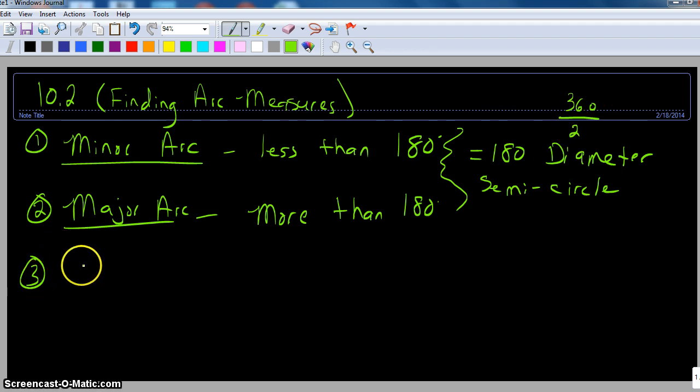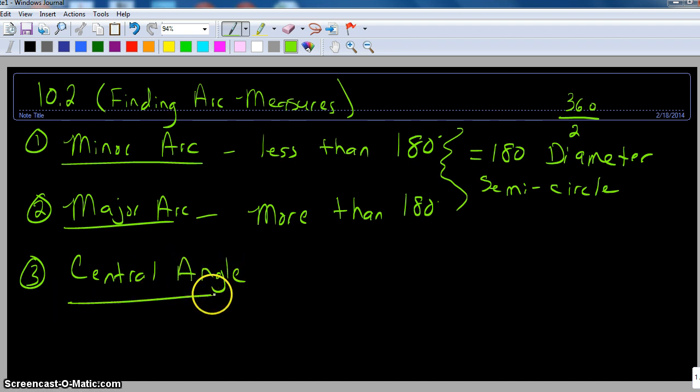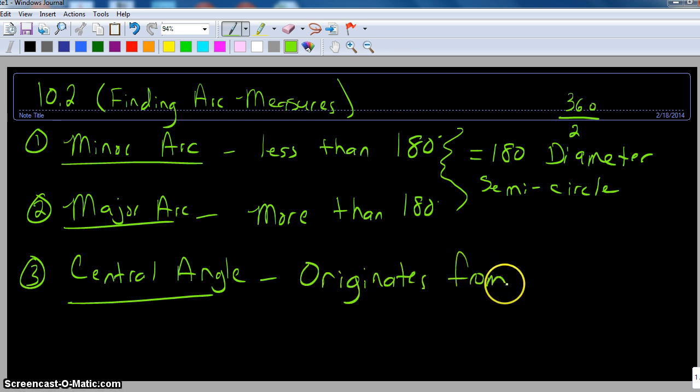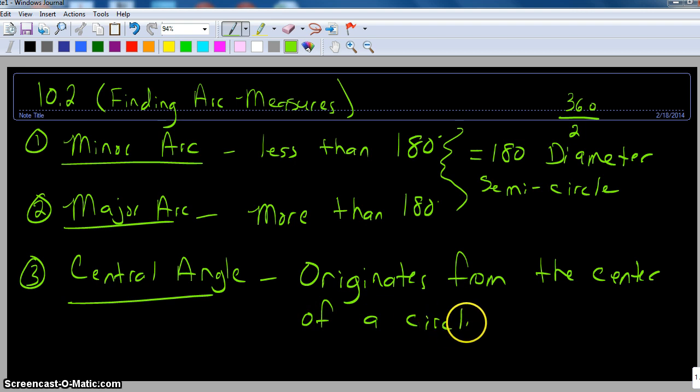The third definition we need is a central angle. A central angle originates from the center of a circle and is congruent to the arc.